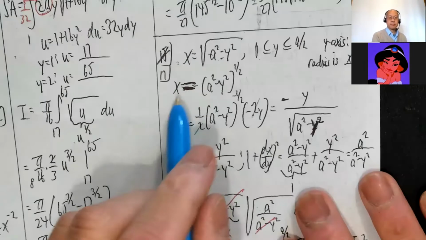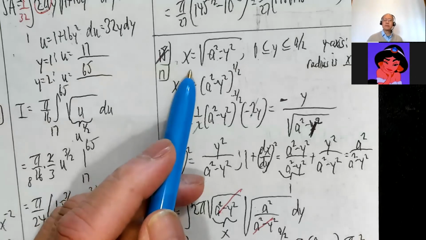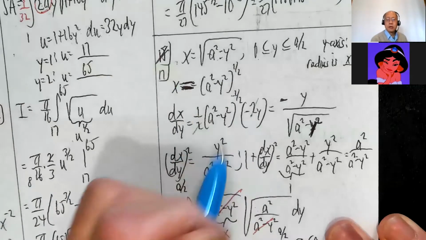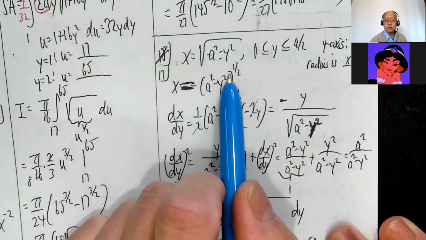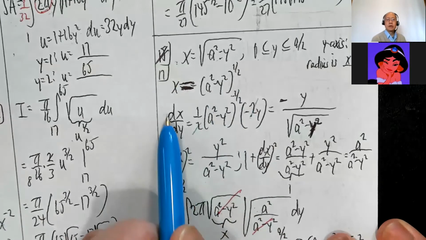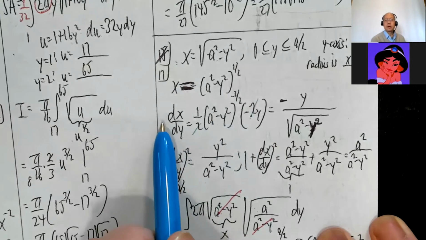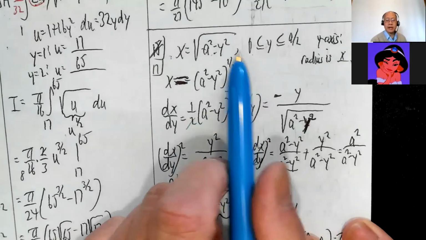Let's see what happens here. So x equals a squared minus y squared to the 1/2, spin about the y-axis.